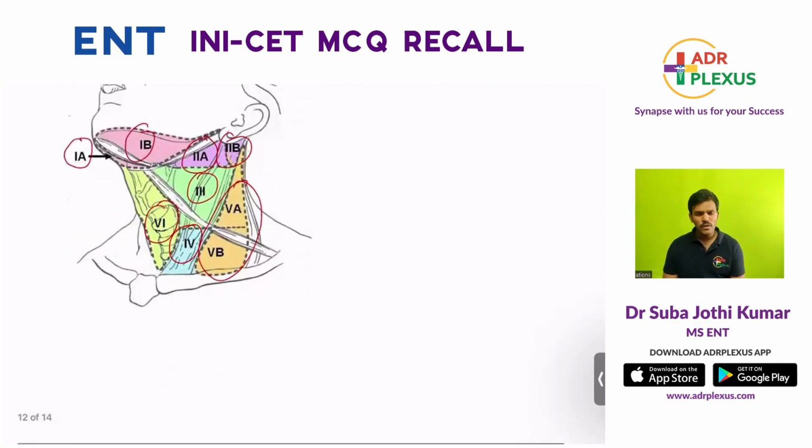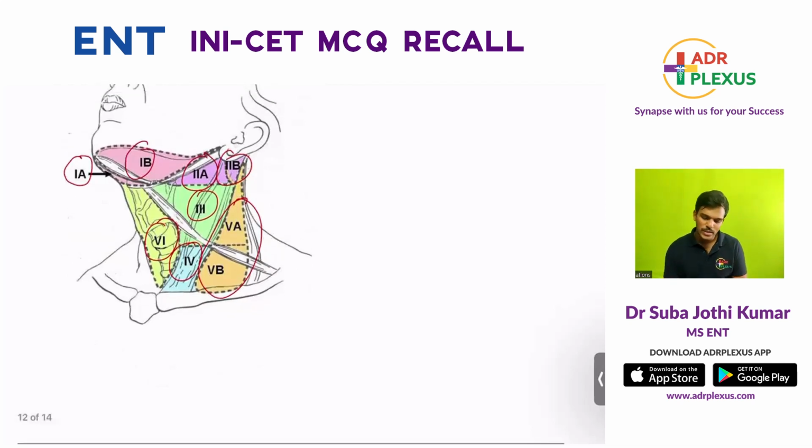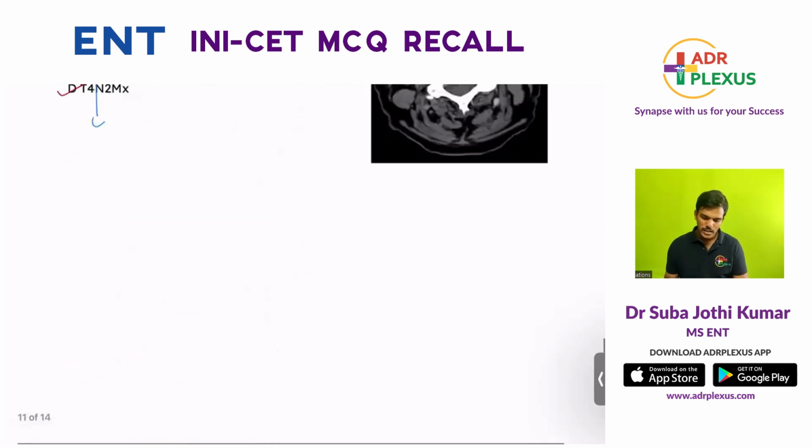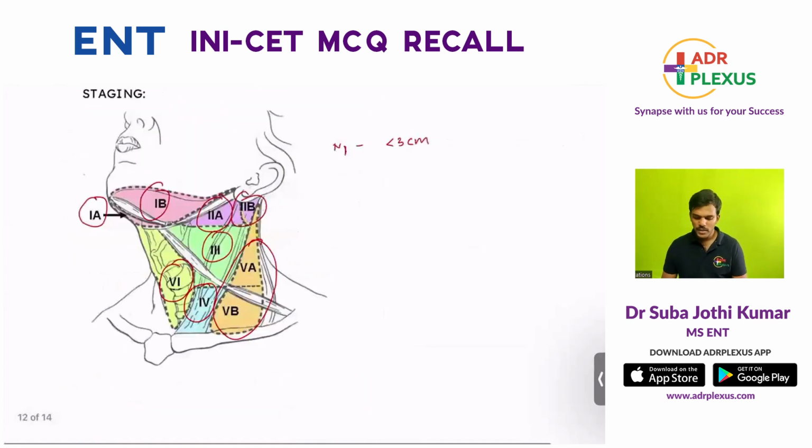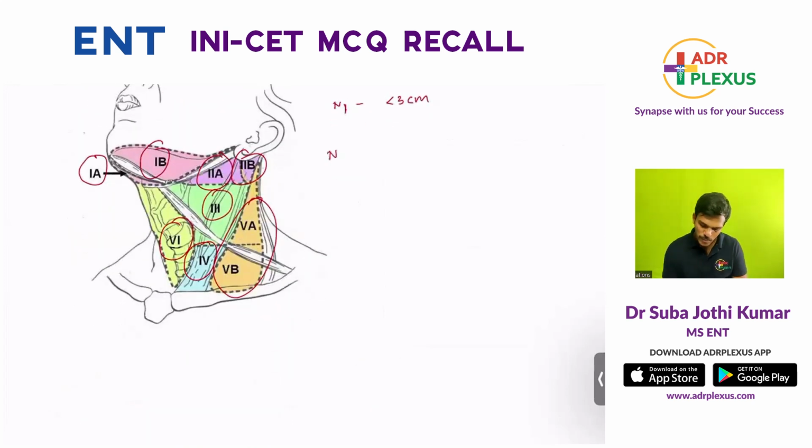Now, for almost all of the head and neck malignancy, this nodal staging holds good, and one is less than 3 centimeter. In this question, it is not less than 3 centimeter, it is 4 centimeter. So that also comes under N2 only. N2A only 3 to 6 centimeter single node. Clear?